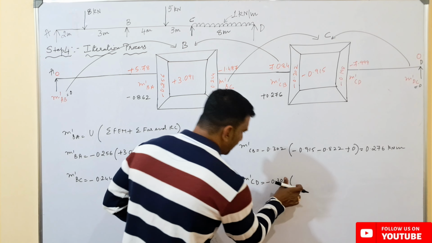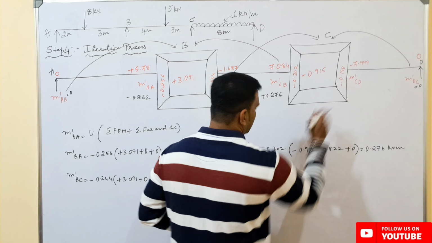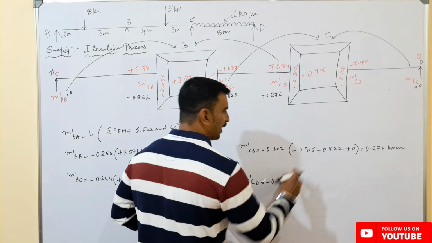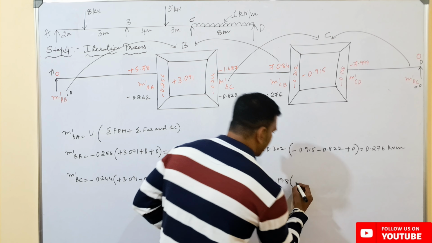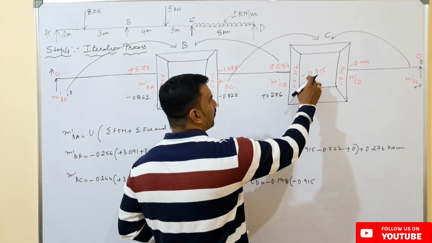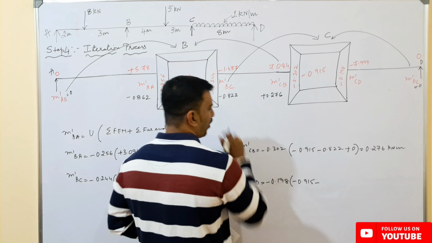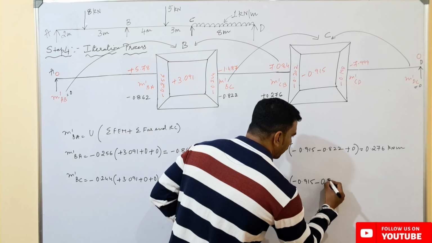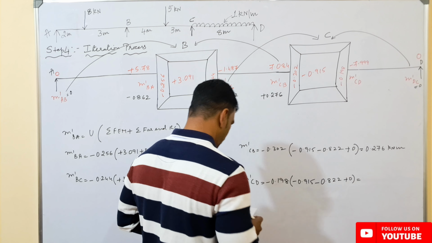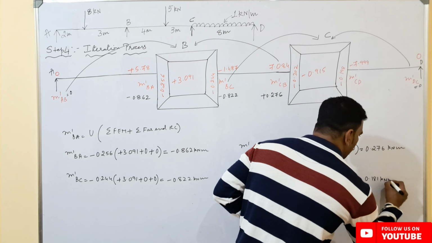Here the value of U will be this one, minus 0.198, and the other values remain same, that is summation of fixed end moment is minus 0.915, this value, minus the new iteration value we have got here, far end rotation contribution, which is minus 0.822 plus 0, will be equal to 0.181 kilonewton meters.